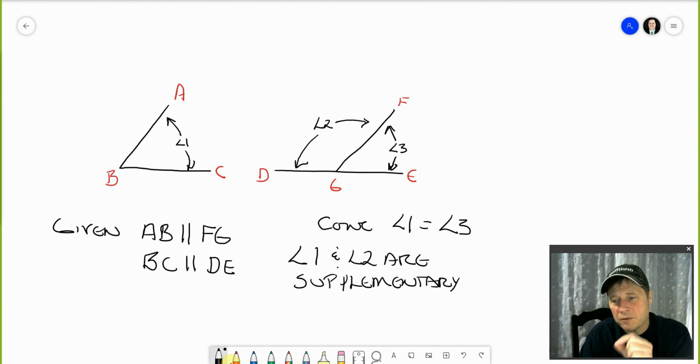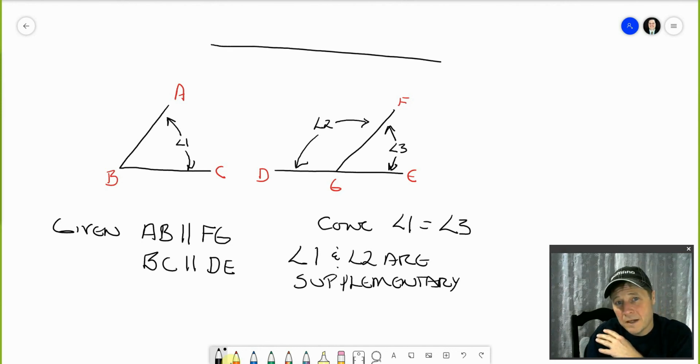But if we have absolute information, if we know what principles apply, if we know that AB on the print is parallel to FG, and perhaps they share the same baseline, B, C, D, E, they could essentially be one line, right? They don't have to be, as we demonstrated down here, right? They could be two separate lines. And then we have our second angle here, and our other angle here. So they don't have to be joined, they just have to be parallel. Then we could solve this information.